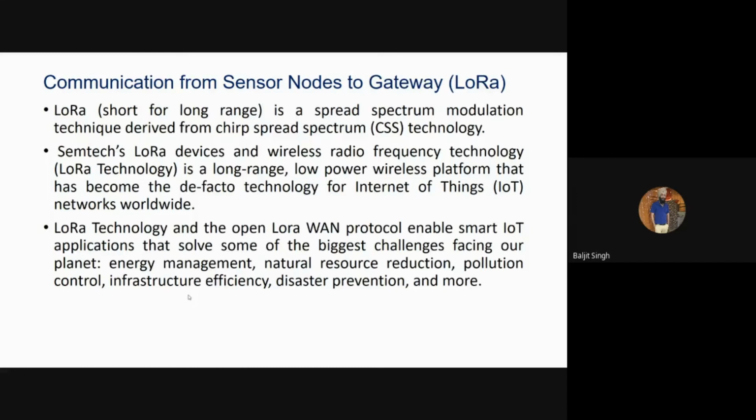So from all these devices, let us say there are 10 different devices placed in the field at 10 different places.